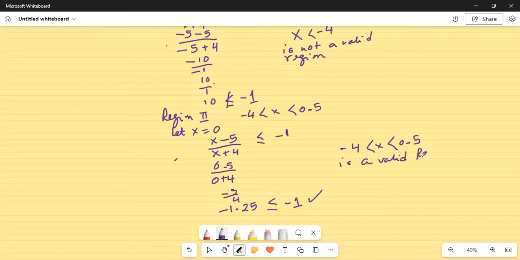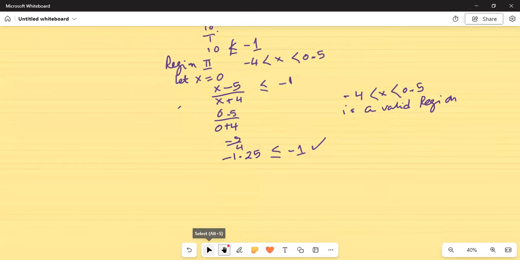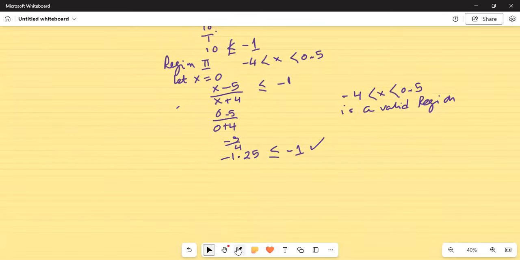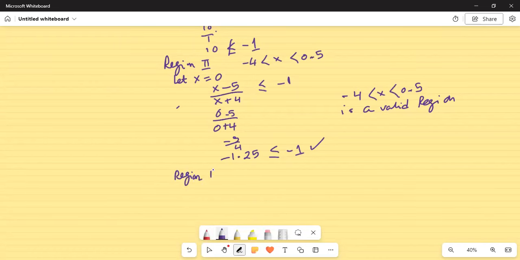And the last region, region 3, is when x is greater than 0.5. Let x equal to 1. Then we have x minus 5 over x plus 4 less equal to minus 1.